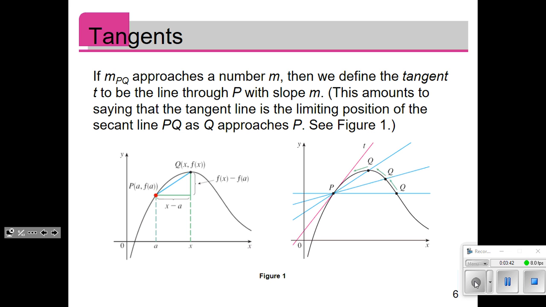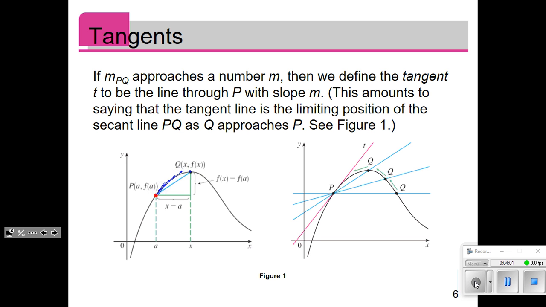So essentially, this is the point Q getting closer and closer and closer to this point P. As this gets closer and closer, what are my slopes going to be?